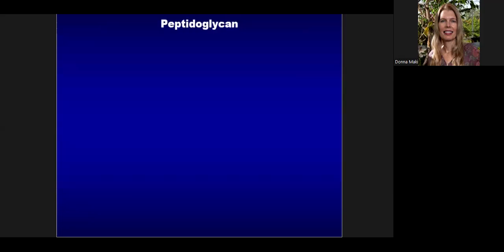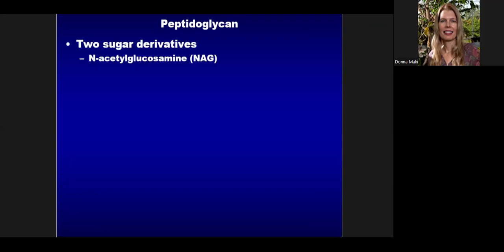But let's go beyond the cell membrane out into the cell wall. And I wanted to talk about that to some level of detail. So when you look at the peptidoglycan, it's essentially two sugar derivatives. One is called N-acetylglucosamine, which you can abbreviate down to NAG, N-A-G. The other one is N-acetylmuramic acid, which you can abbreviate down to NAM.